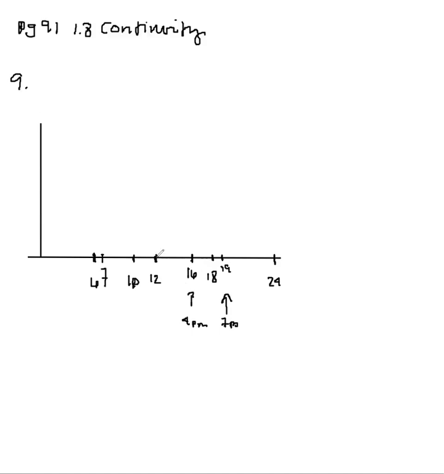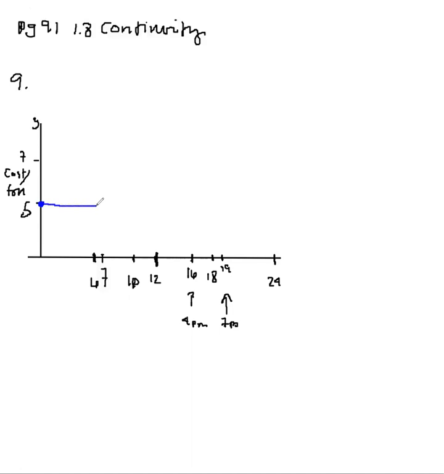Okay, so we are going to have a toll. This is going to be our y-axis, cost or toll. And we have two values that it's going to be. We have $5 and we have a $7 toll. So from midnight until 7 a.m., this toll is going to be $5.